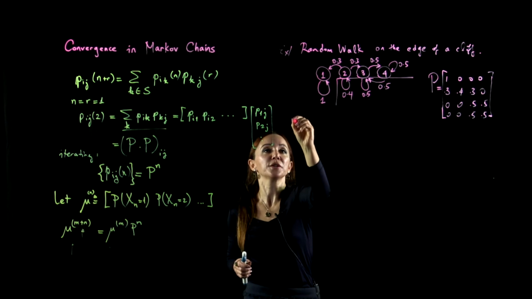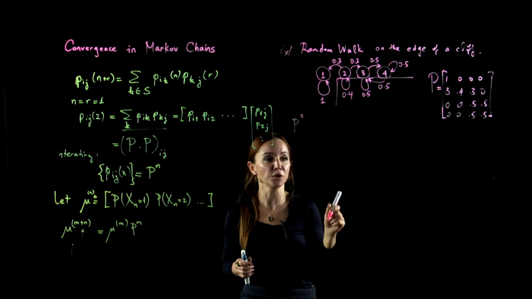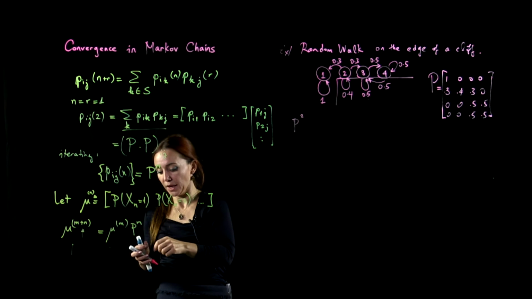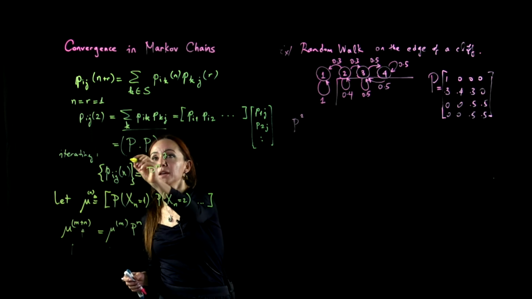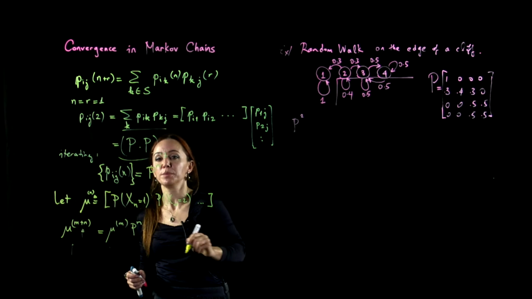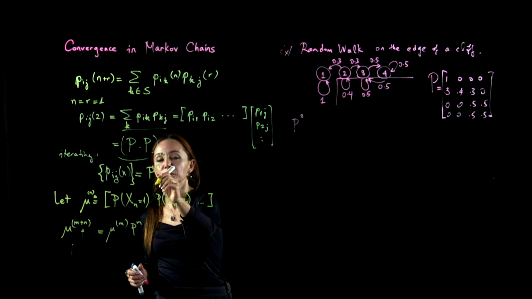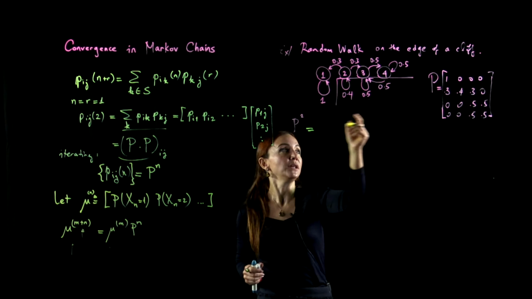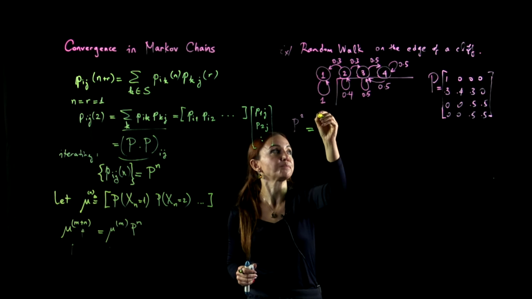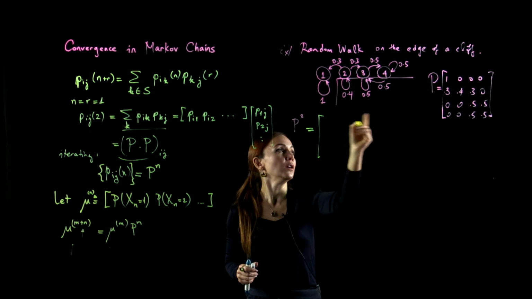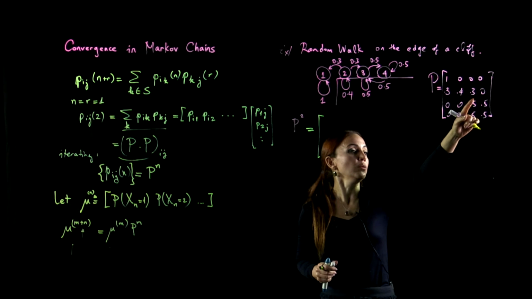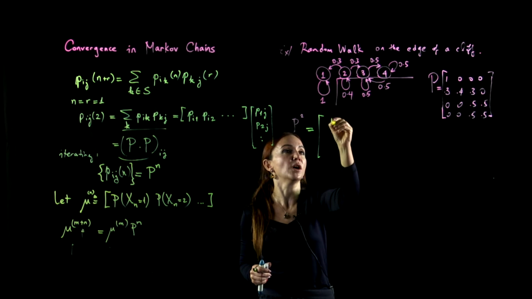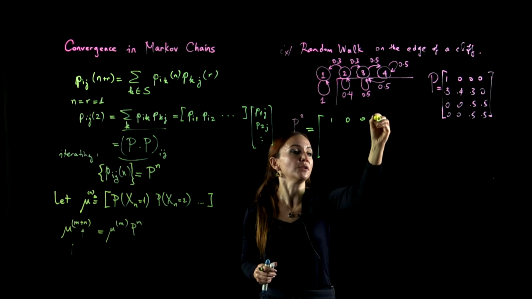How about the matrix of two-step transition probabilities? We know that two-step transition probabilities are obtained by multiplying the matrix P by itself. So P squared is P times P. The first row, when you multiply, you still get the same thing, 1, 0, 0, 0.